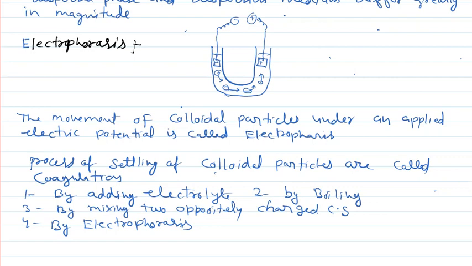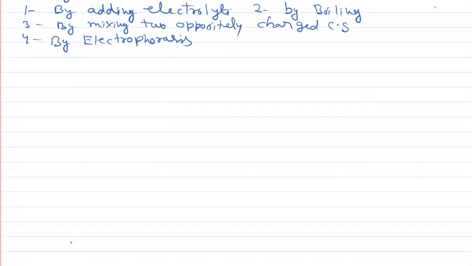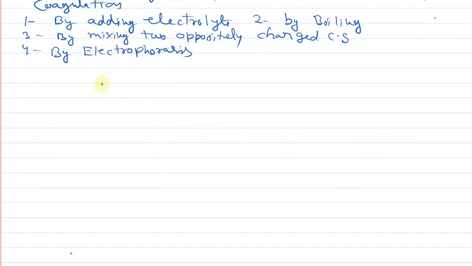I am explaining it with the help of mixing electrolyte. Suppose in this container colloidal particles are present and these are negatively charged colloidal particles. These colloidal particles never come close to each other. Why? Because of similar charge, a repulsion force acts on them.